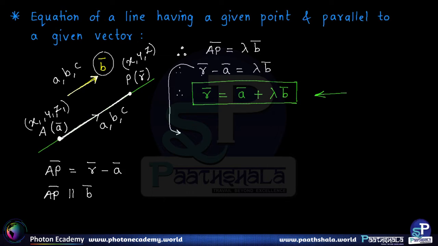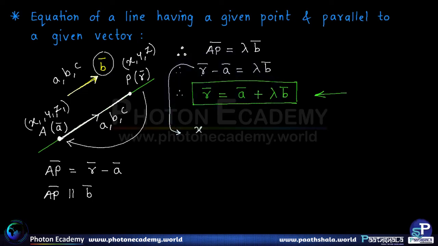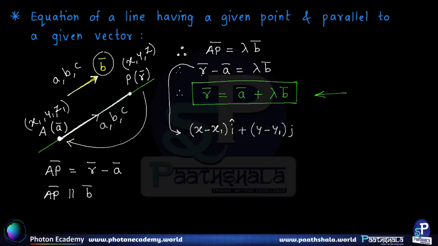Now from the equation that we obtained, if you do r bar minus a bar, right? So we are subtracting the coordinates of a bar from r bar. So what we will get is x minus x1 times i cap plus y minus y1 times j cap plus z minus z1 times k cap will be equal to lambda times b bar.